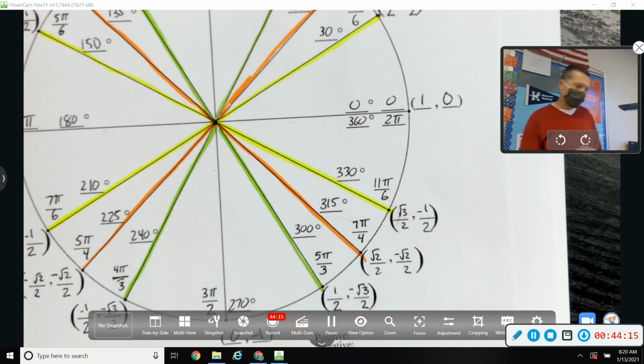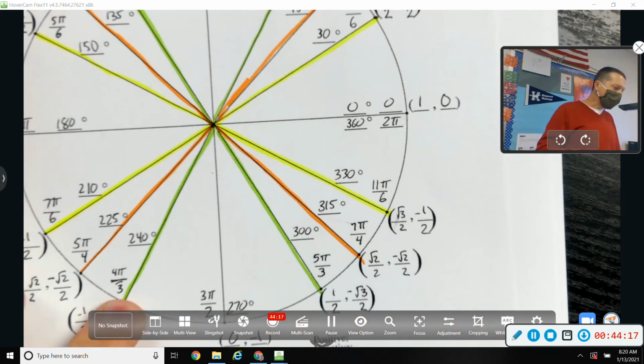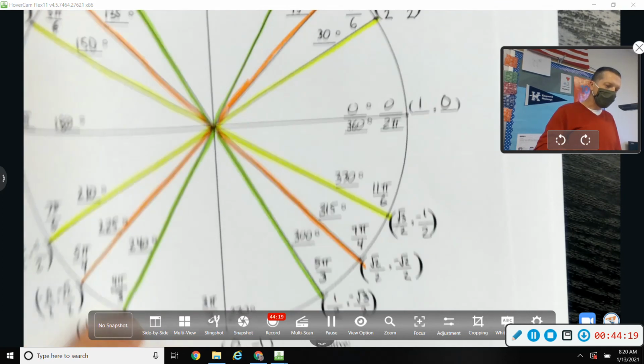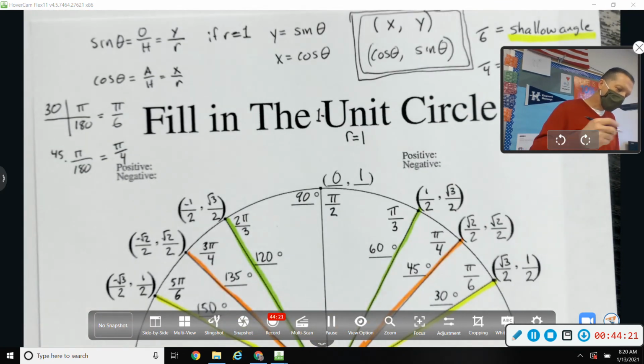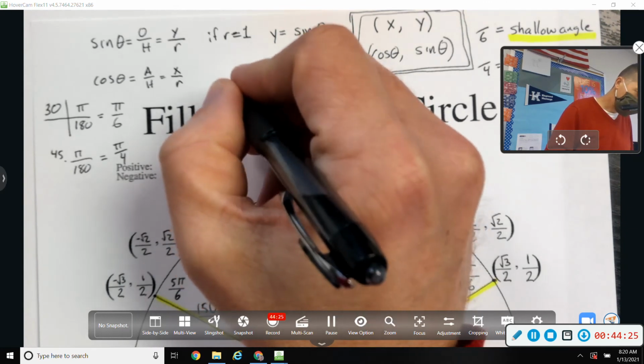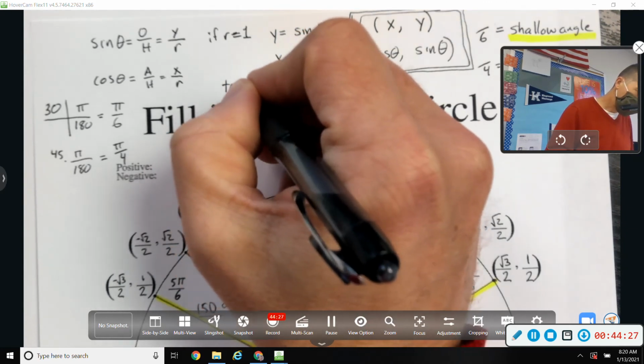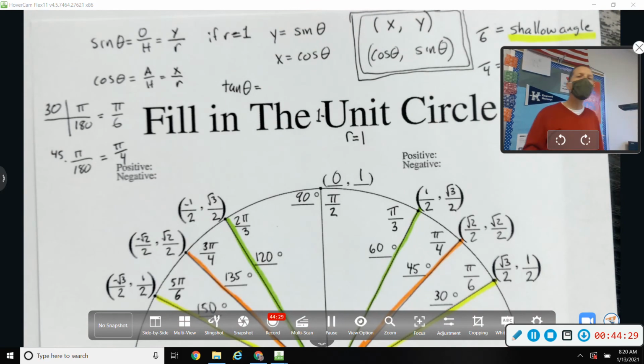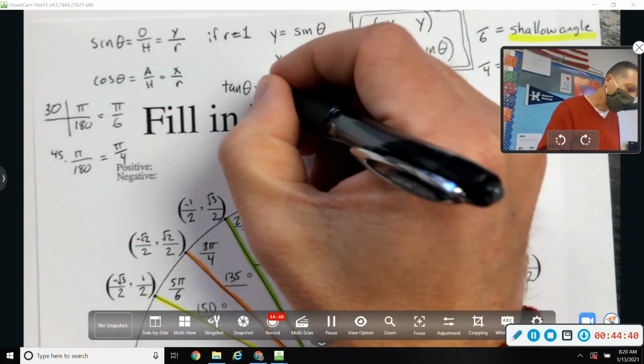Now, we'll also get a little bit tricky and ask you to do tangent. So let's write what tangent is. Tangent of theta. What do you remember about tangent? Tell me anything you know about tangent. Opposite over adjacent. That's what most people remember first because they're thinking SOHCAHTOA.